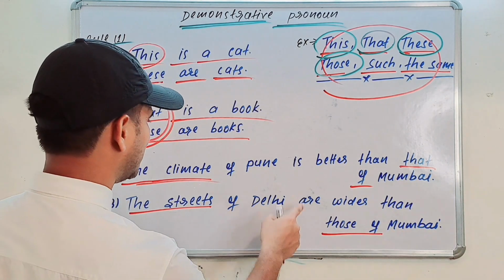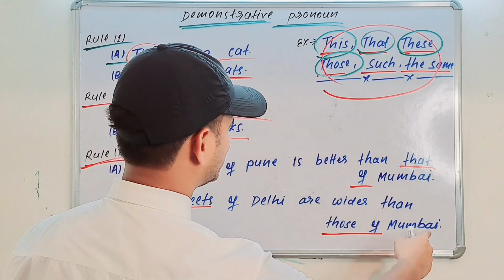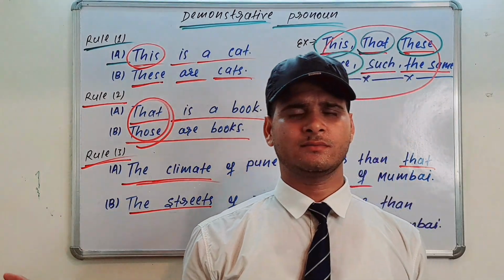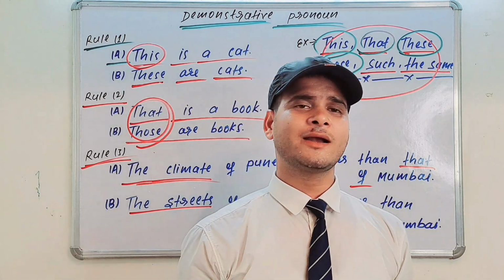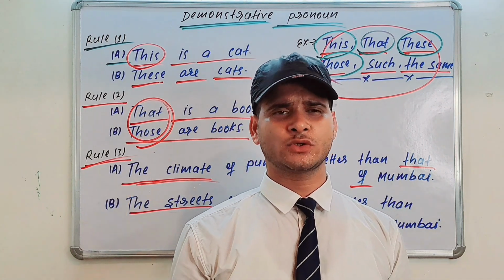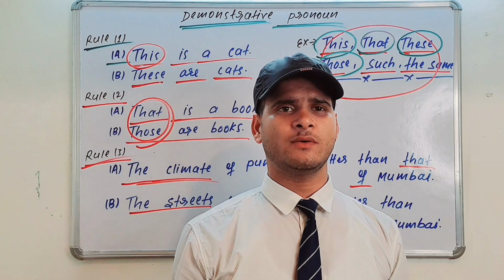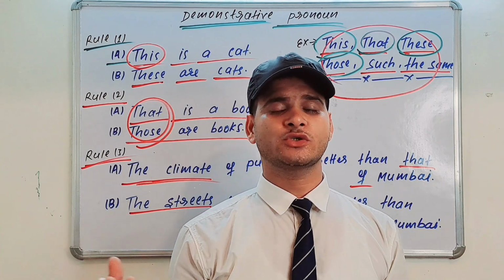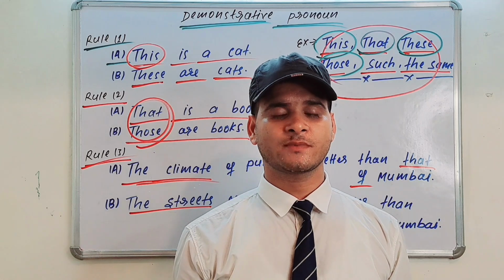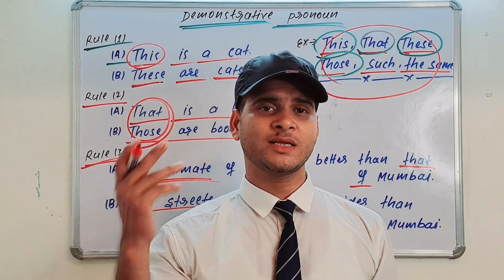I told you everything about the third rule. "That of" is used to eliminate the repetitive use of a singular noun, and "those of" is used to eliminate the repetitive use of a plural noun. Now let's see the next.